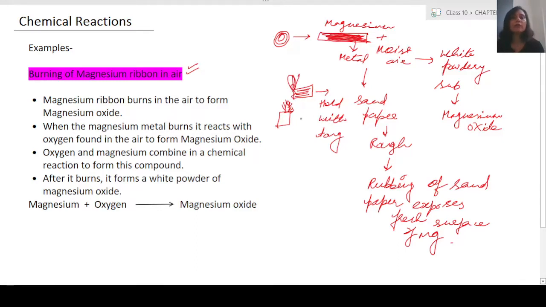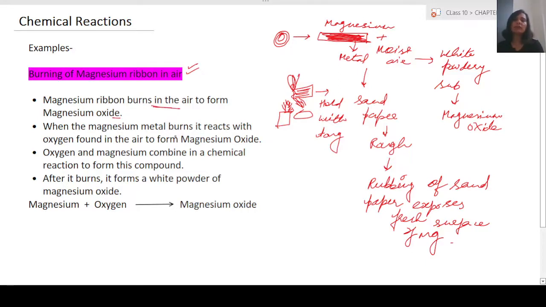You keep a petri dish below it, and the white powder that is formed falls as residue on the petri dish. This residue is the magnesium oxide. The same thing is written here: magnesium ribbon burns in air to form magnesium oxide.